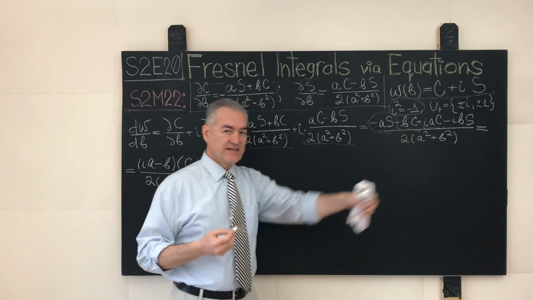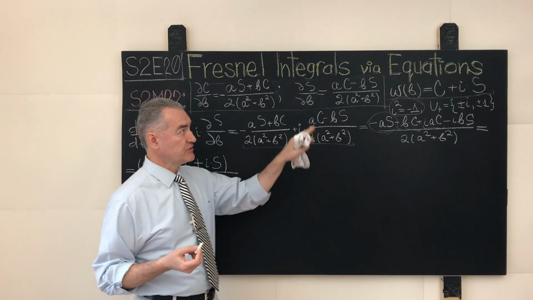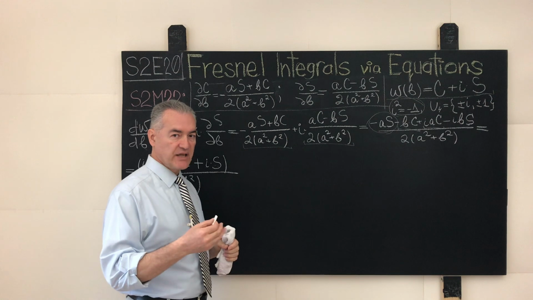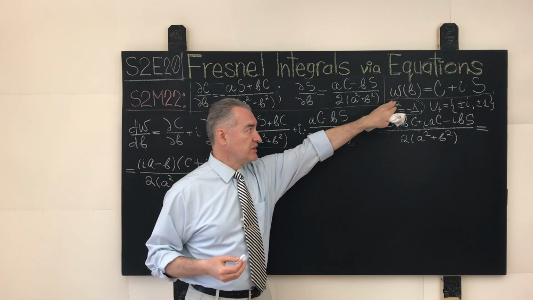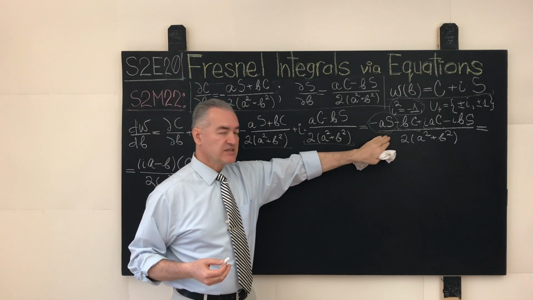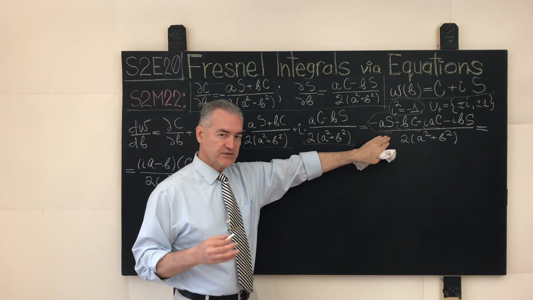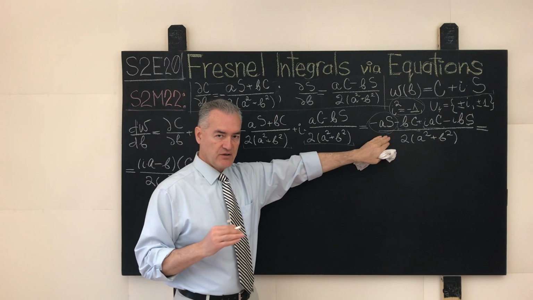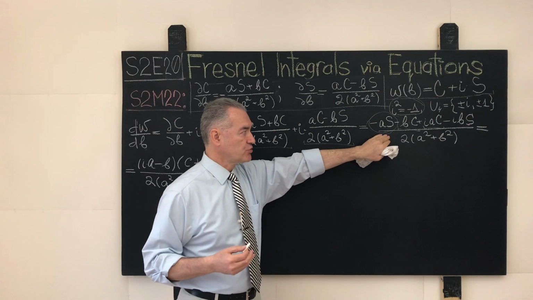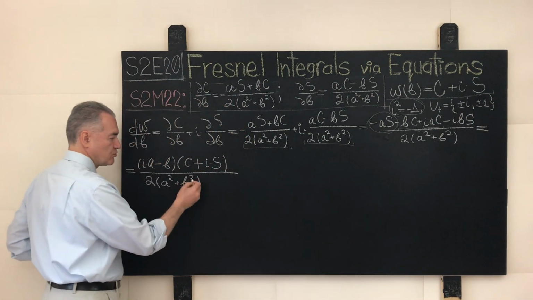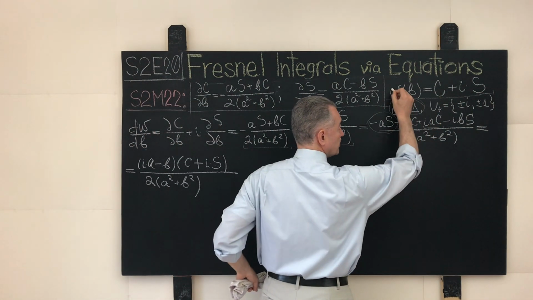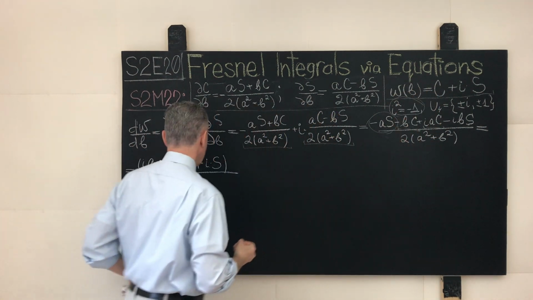Thus, the tactical advantage of introducing the functions c and s, constructing them into a complex valued function w of b, taking the derivatives and then adding them together, precisely reveals that these are not just some random functions that have nothing to do with each other, but apparently they hide or lock in a certain structure. And what is that structure? Well, c plus i s is exactly our function w, the way we constructed it.